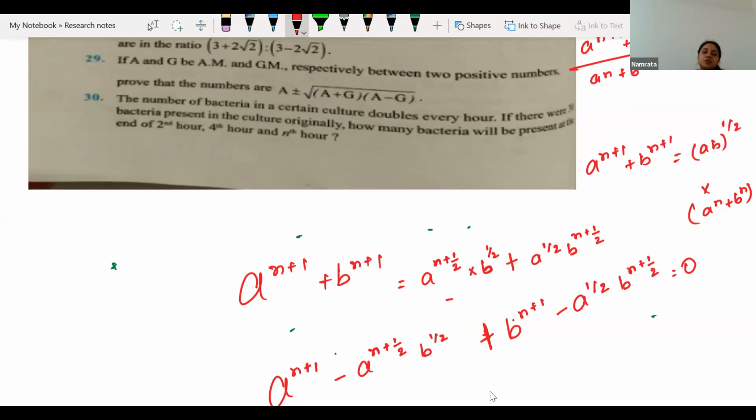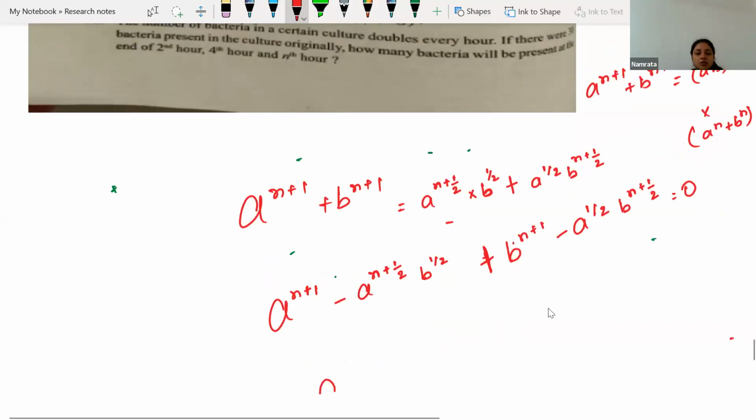We have taken everything on one side. Let's see, a to the power n plus 1 by 2 we can take common.